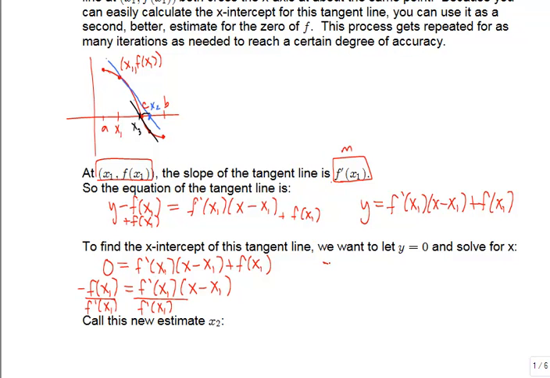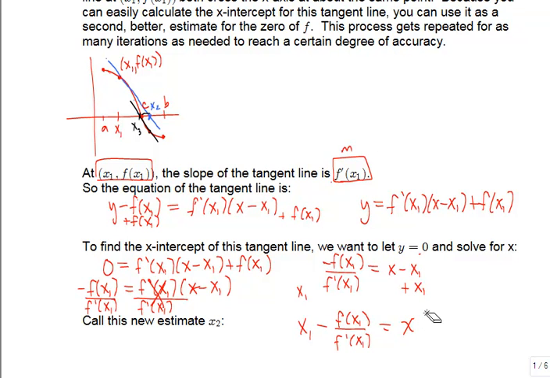So I'll be left with negative f of x sub 1 over f prime of x sub 1, and that is now equal to the x minus x sub 1. So to finish solving for x, I could just add that x sub 1 over to the other side, and that gives me x sub 1 minus f of x sub 1 over f prime of x sub 1, and that is our x by itself.